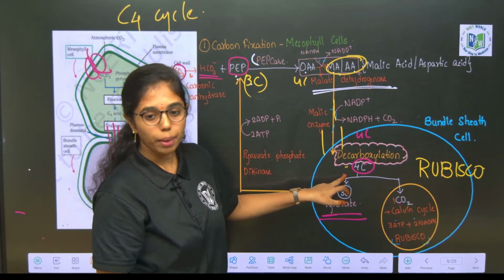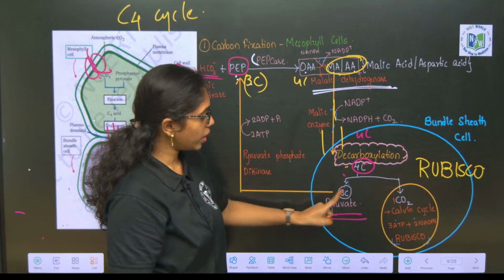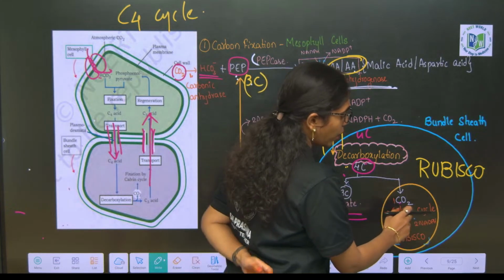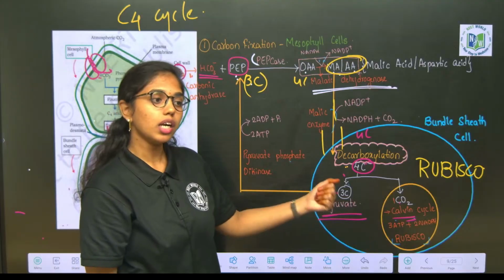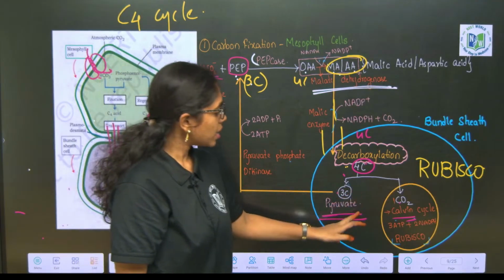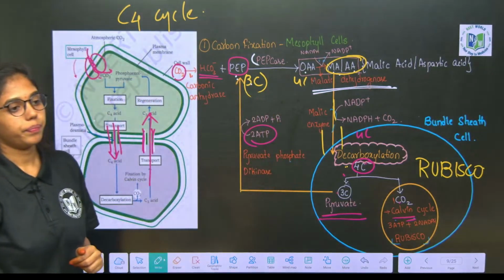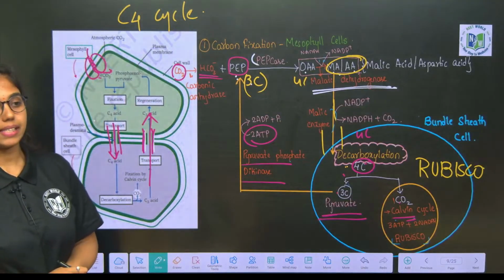Only the 4 carbon compound will be entering into the bundle sheath cells, which is decarboxylated to 3 carbon and 1 carbon dioxide. This 1 carbon dioxide will conduct what? Calvin cycle. Calvin cycle or C3 cycle, fine, and the rest 3 carbon will be regenerated back consuming 2 ATP. By what enzyme? Pyruvate phosphate dikinase enzyme.